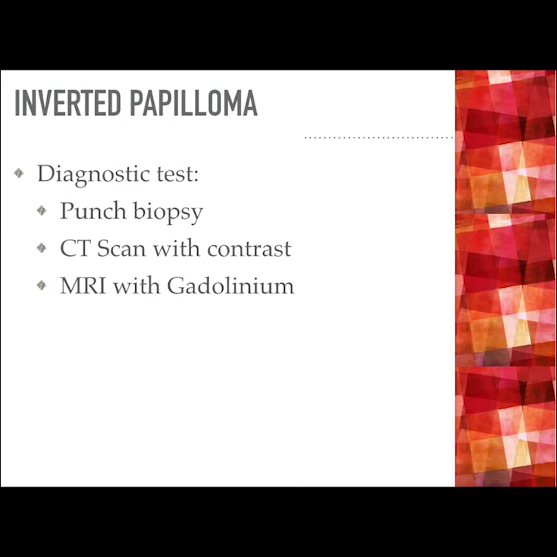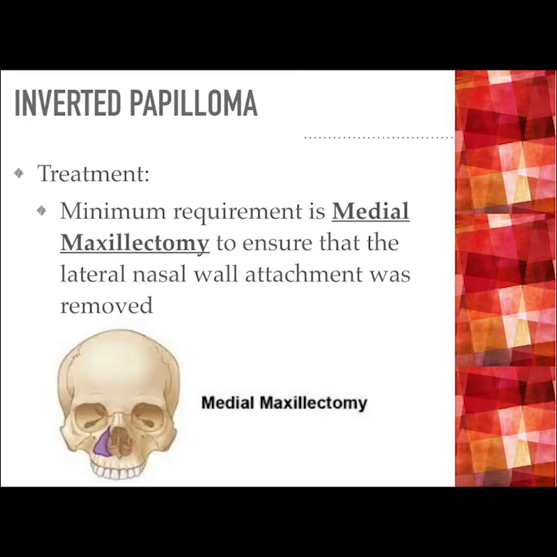The diagnostic tools needed for this problem are punch biopsy, CT scan with contrast, and MRI with gadolinium for preparing and planning prior to surgery. And the ideal surgical procedure for this is medial maxillectomy, meaning removing the medial wall of the maxillary bone.